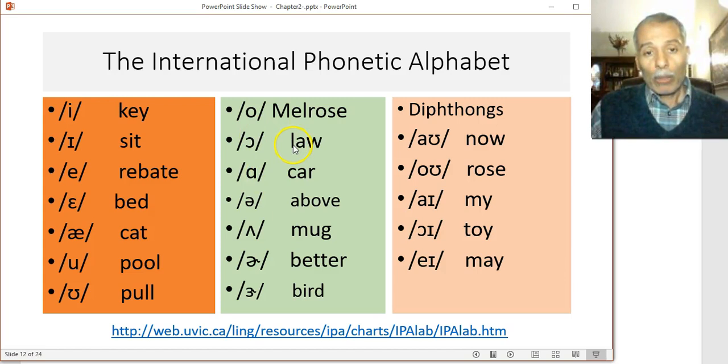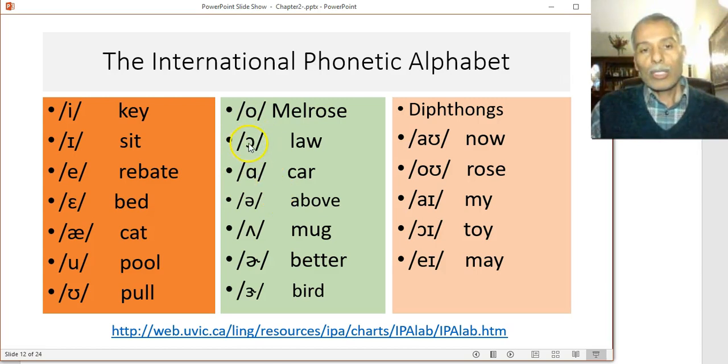So if you say "law," they would just say "law." If you say "thought," they say "thought." Hot dog, they say "dog." So they use this symbol instead of that.